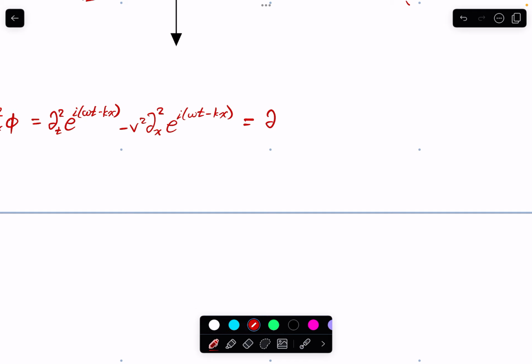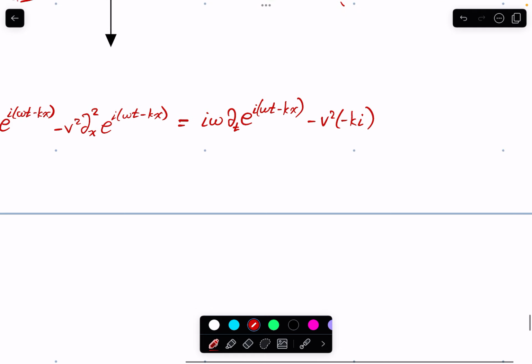So you're going to have a factor i omega times e to the i(omega t minus kx). And then similarly, you can have i times minus k come out to the front. So minus v squared times minus i k, then another spatial derivative of i(omega t minus kx).